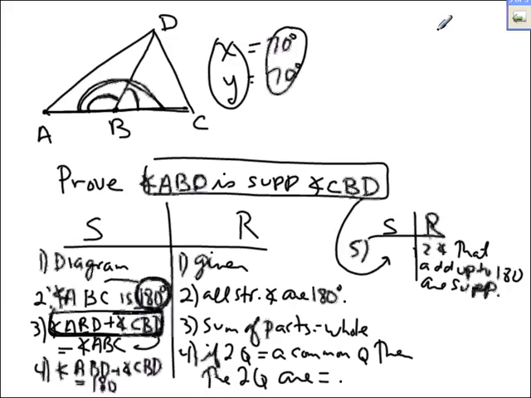I could have just said definition of supplementary. The two positive angles add up to 180. I could have just said by definition, and in a way I did. All I did was state the definition. There's two ways of stating the definition of supplementary angles. You can say by definition of supplementary angles, or you can state the definition.